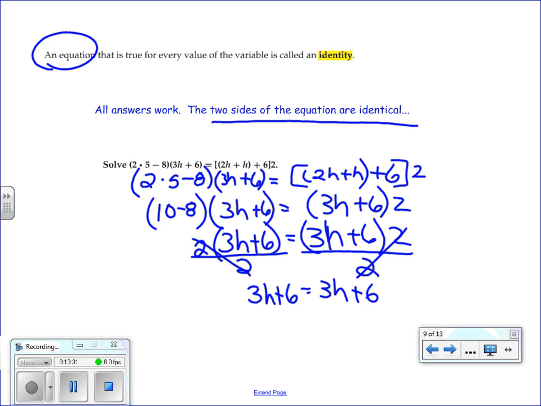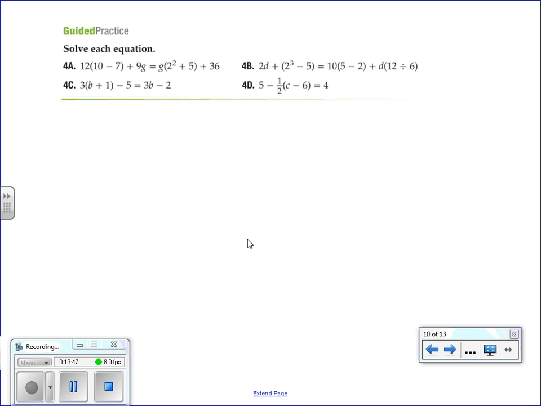So in this case, all numbers are solutions in an identity set. Here are a few practice problems. Let's do all of them. It's good practice. And we'll put these up on the board as well.